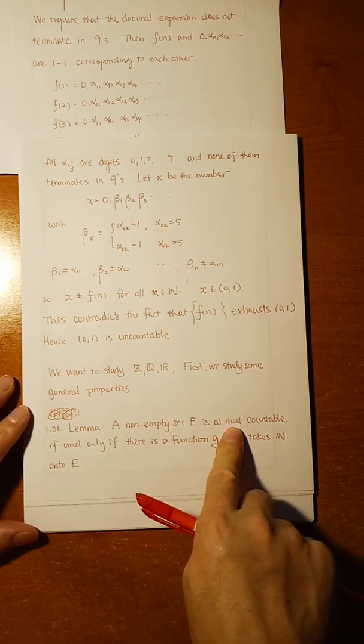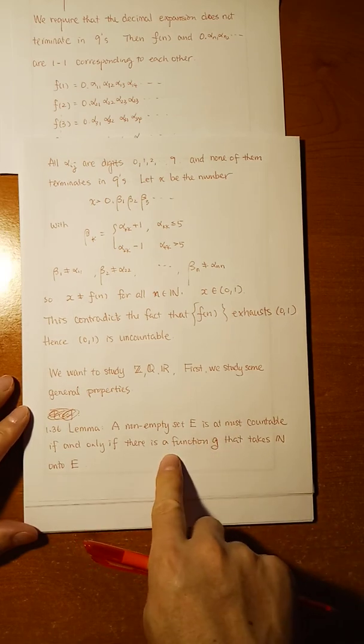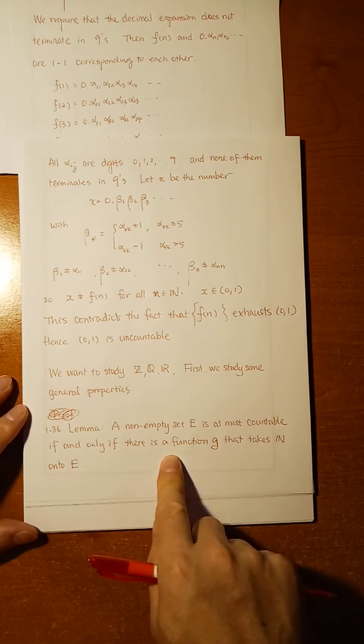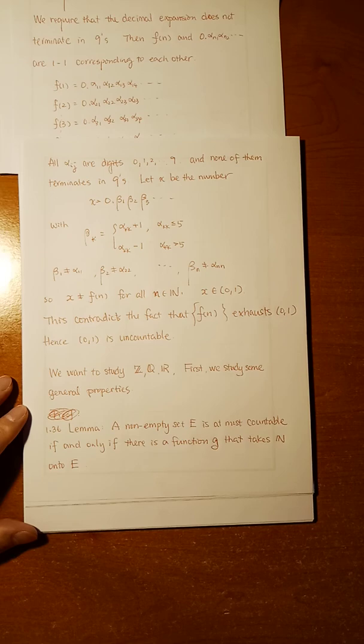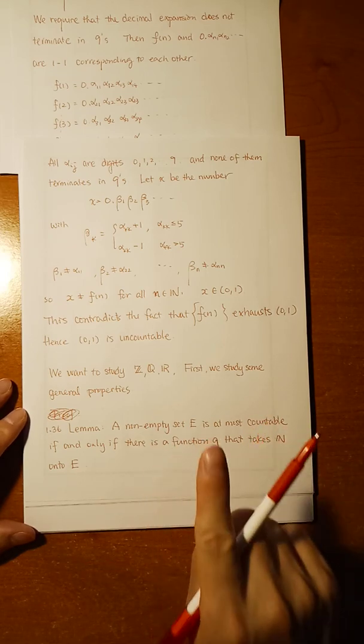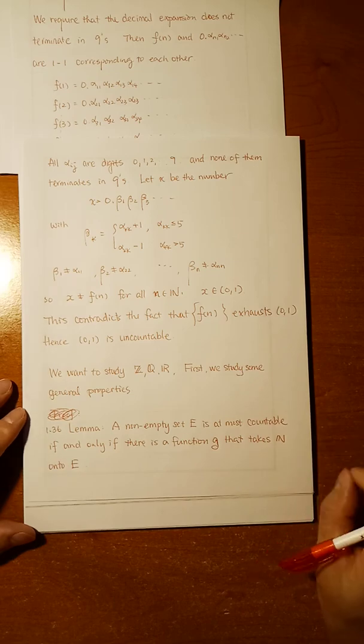If you have at most countable, then you don't need one-to-one. That is the difference between this lemma and the definition of a countable set. With one-to-one, countable. Without one-to-one, at most countable.